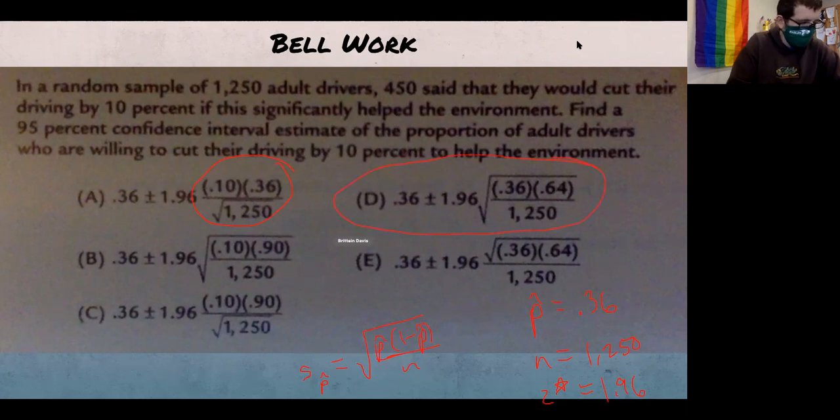And the reason B is not correct is this 10% thrown out here is part of the prompt. It's part of the question that was asked. And we have to understand that the actual sample proportion that we calculated was 0.36. So we don't want to use the 0.1 right here when we're doing our standard error. All right, so hopefully that makes sense. The 0.36 is the proportion of people who would cut their driving by 10%, and that 10% has nothing to do with the actual proportion.